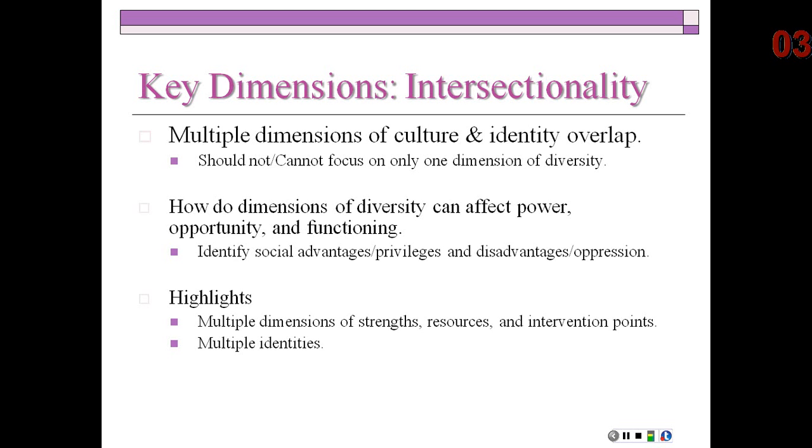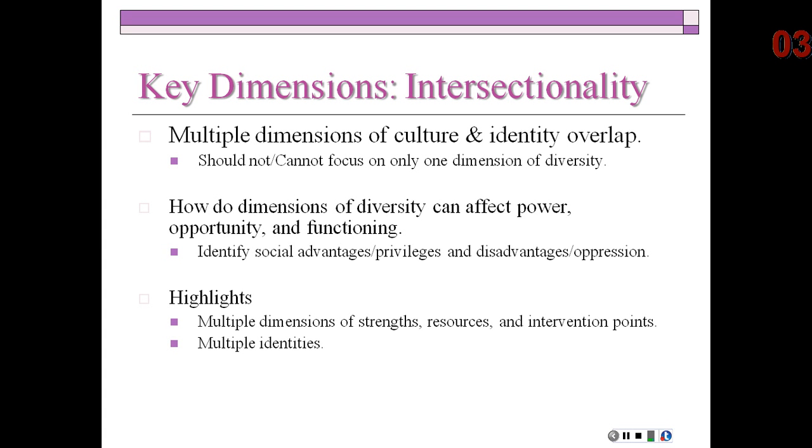So it's not enough to say black or white or Latino, or it's not enough to say, well, this person is male or female, or this person is straight identified or gay identified, or whatever. You have to think about those terms in intersectionality, right? Also, the differences between somebody of various religious backgrounds.